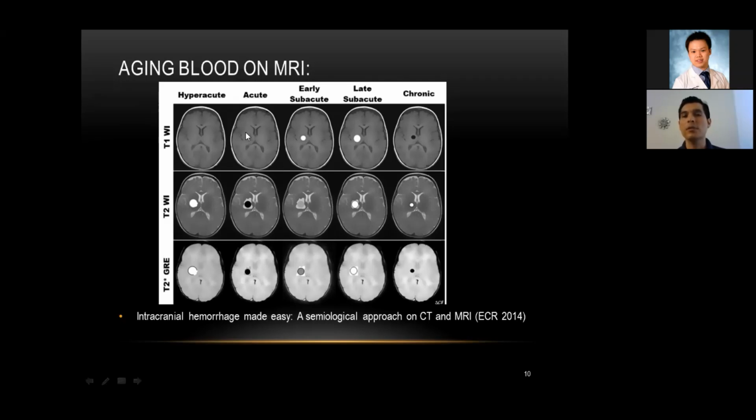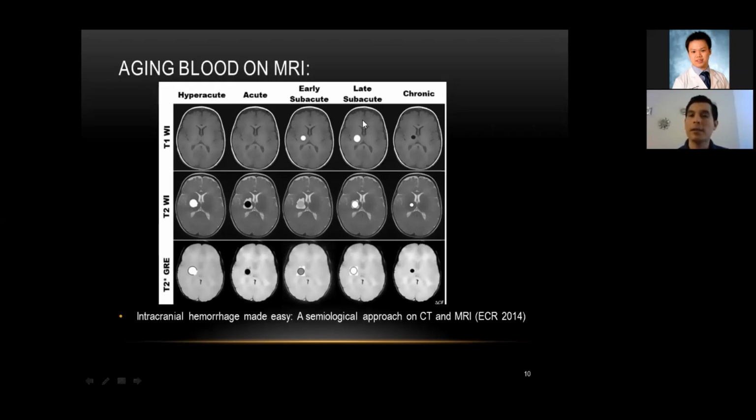So T1 is not helping, but T2 will change dramatically from hyperintense to hypointense. And T2 gradient will show this halo, this thin halo, and then this halo will predominate because of the deoxyhemoglobin.